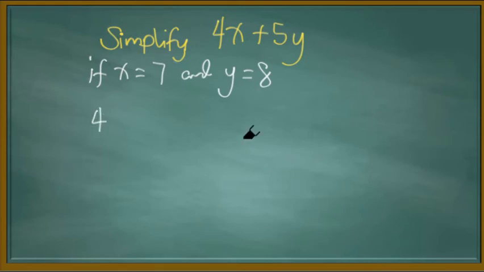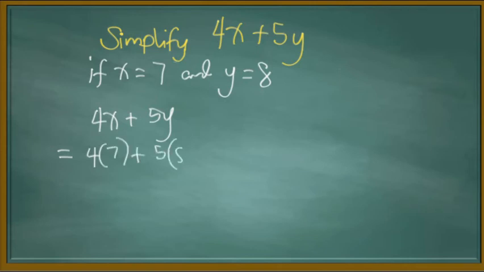Now let's show why that is so. So 4x plus 5y. Note how if we use the values 7 and 8 for x and y respectively, this expression would be 4 times 7 plus 5 times 8. 4 times 7, of course, is 28. 5 times 8 is 40, giving us 68.